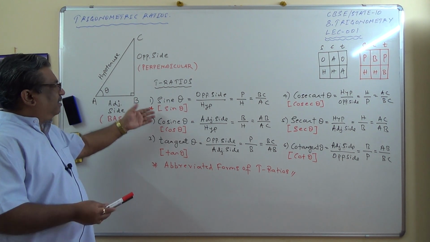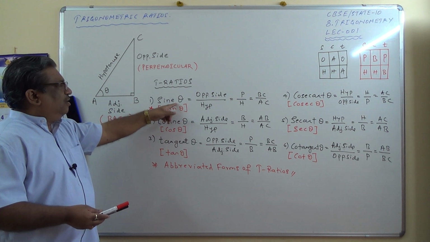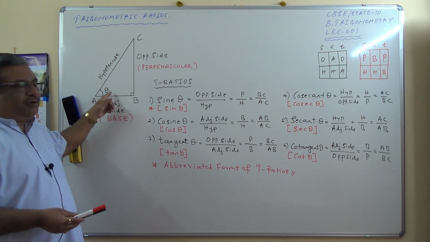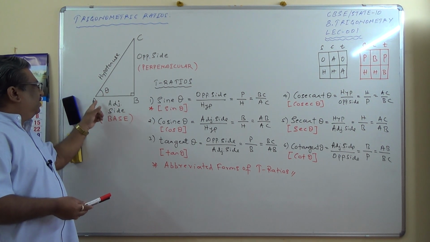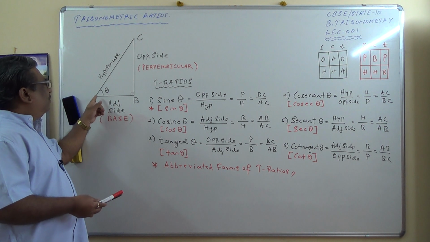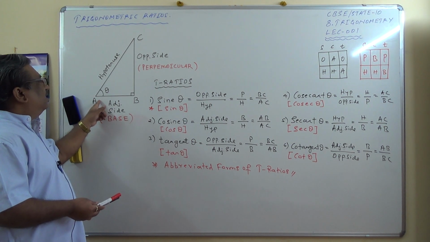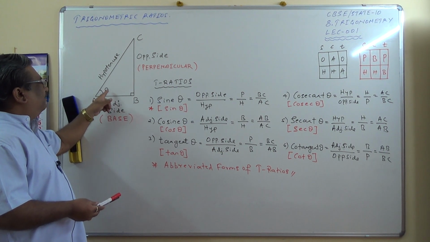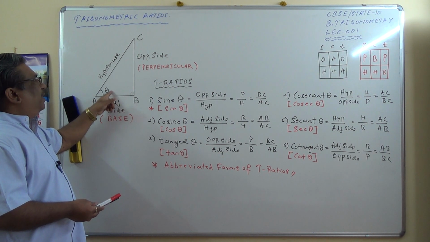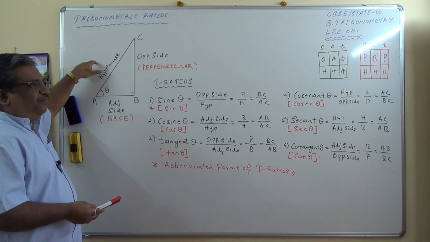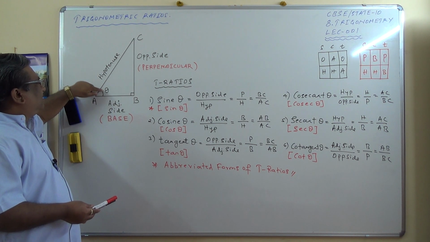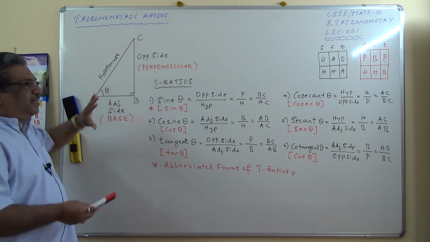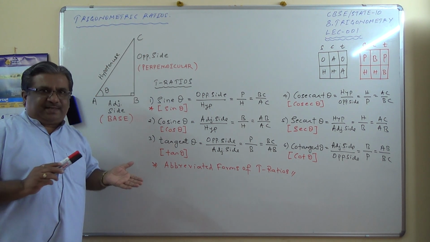If the reference angle is theta, which is angle A over here, only with respect to this angle sine theta will be opposite by hypotenuse. If I move theta to the other angle, the opposite and adjacent sides also get reversed.